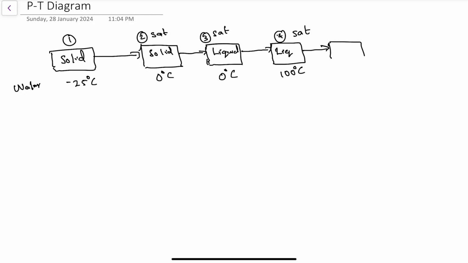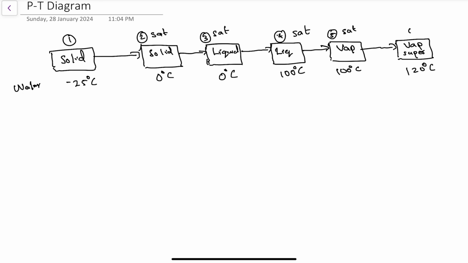Now if it is heated, all of these will be converted to vapor. Okay, that is at 100 degrees Celsius, that is saturated vapor. So it is 5. Then if it is further heated, you will get superheated vapor. Maybe if it is water, it will be at 120 degrees Celsius at 1 bar.